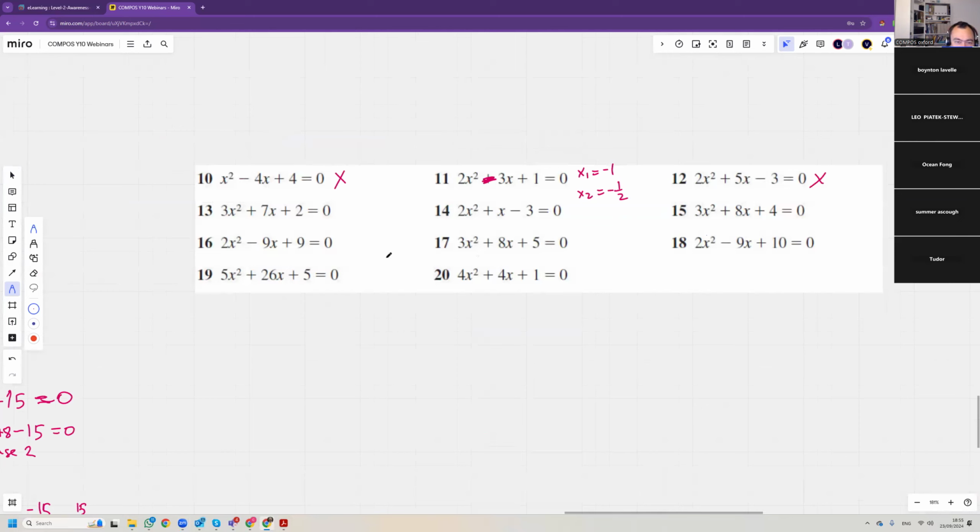Close, but no. 3 plus 7 minus 2, no. 2 plus 1 minus 3, yes, that's special case 1. 3 plus 4 minus 3, plus 8 plus 4, no. 3 plus 8, oh, that's special case 1. 2, 9 minus 10, no. Okay. 3 out of 11 are special cases.